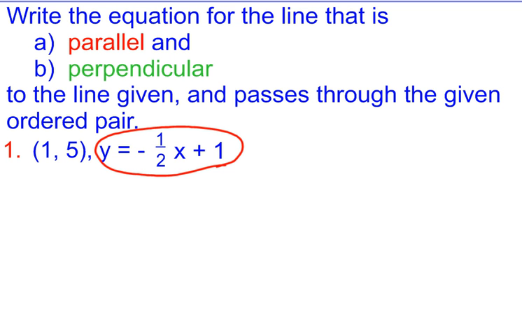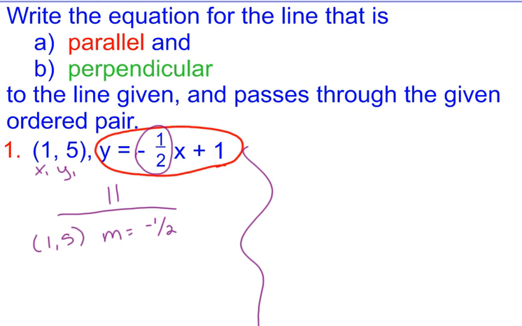If I want to find a line parallel to this one, I would know that means their slopes are the same. I'm given this ordered pair, and for my parallel I'm going to use that ordered pair and the same slope, so -1/2. This is the symbol for parallel that I just drew.